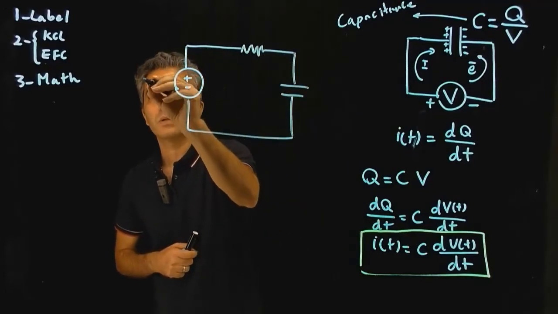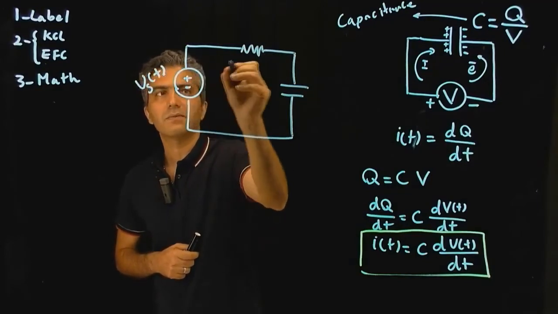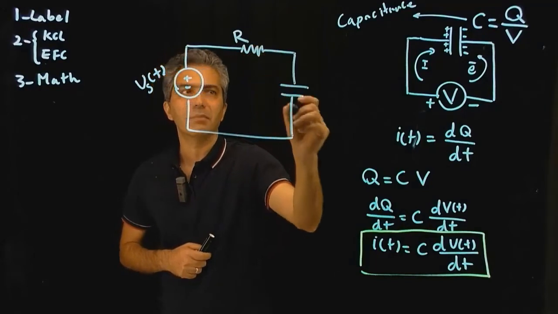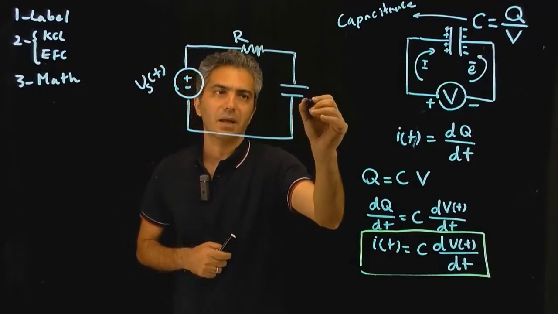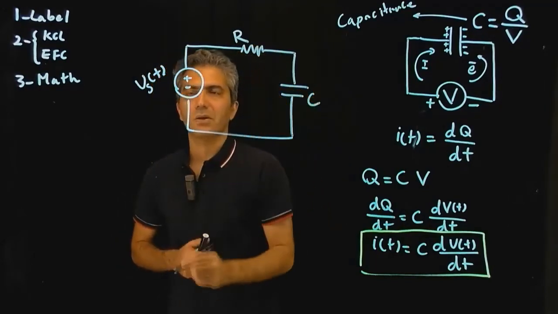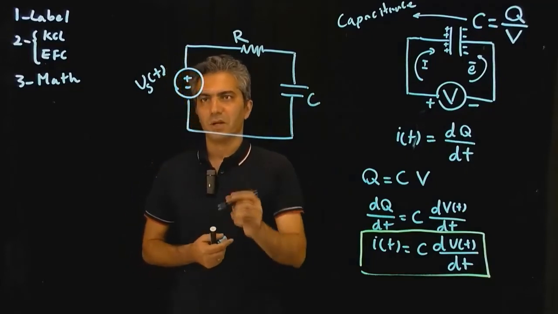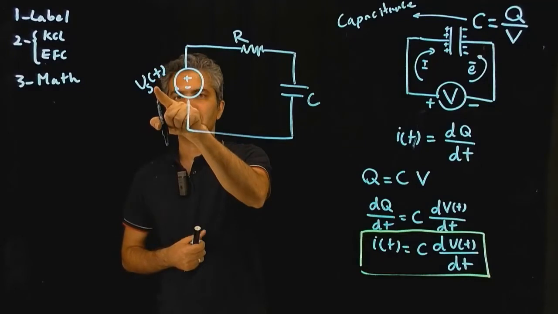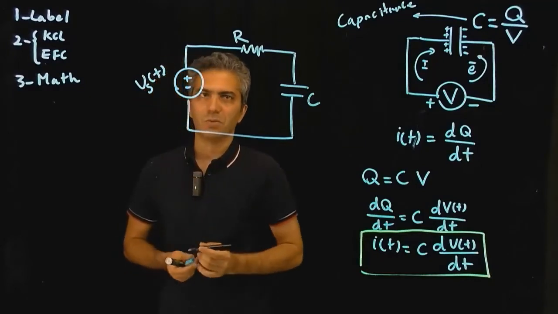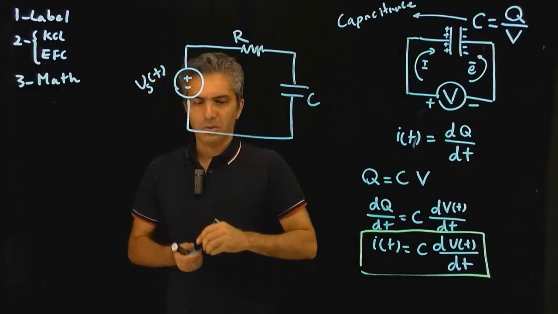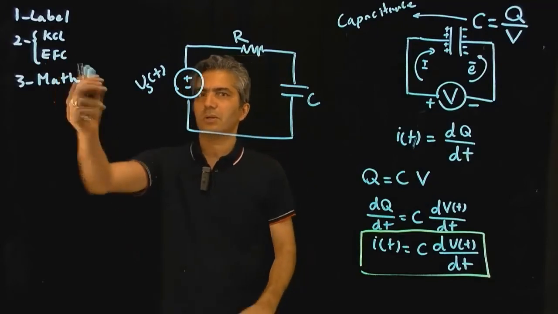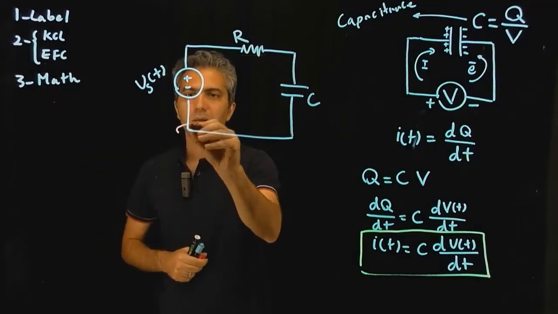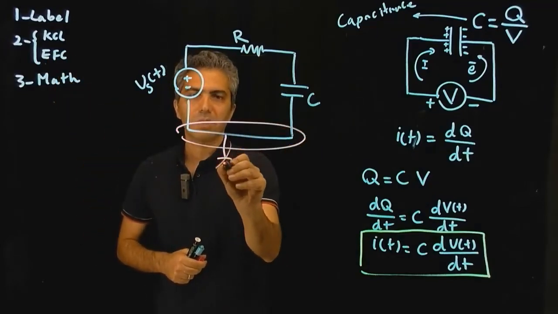Very simple circuit. From this point on, everything is a function of time. All the voltages and currents are functions of time. So this source has a voltage, but this voltage is not constant. It's actually changing with time. Now, when I want to analyze this circuit, I'll go through the same three-step process. Label the circuit. This would be my ground.